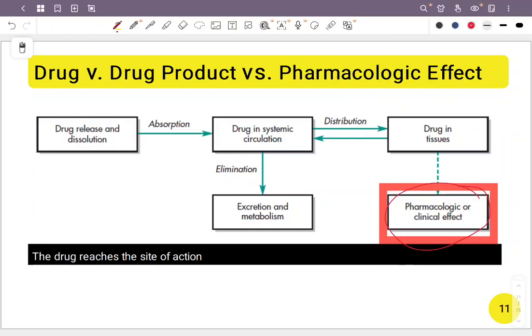Again, guys, pharmacologic or clinical effect will only happen if ma-reach ang atong minimum effective concentration sa site of action or ma-exceed ang atong MEC. So, then mahitabo ato ang pharmacologic effect.